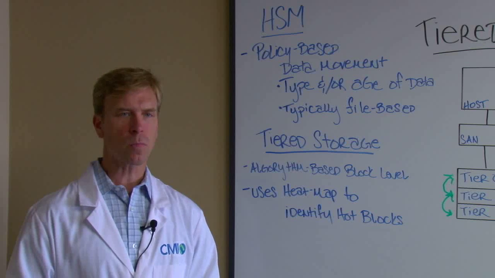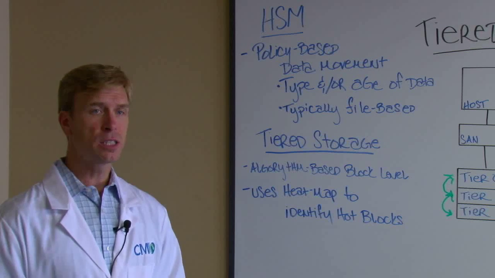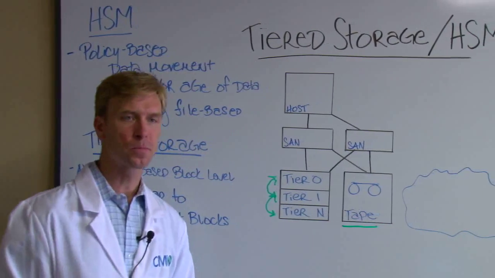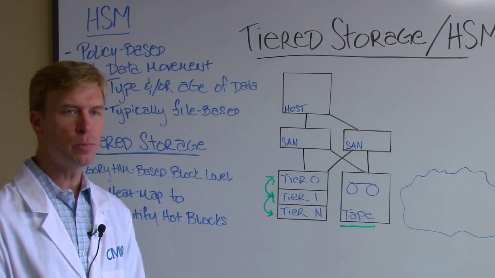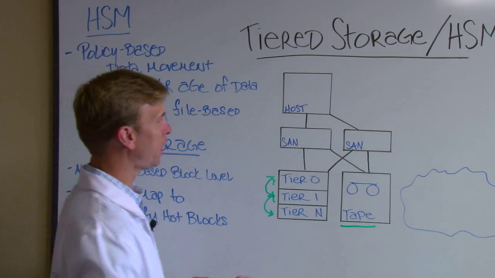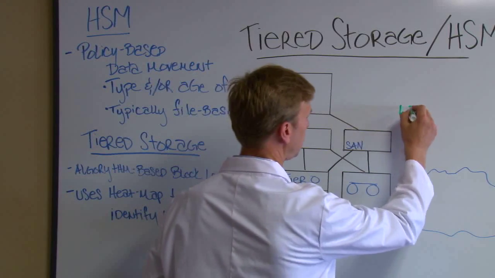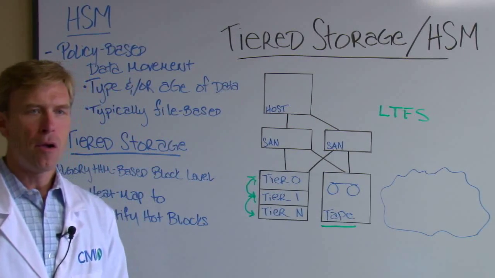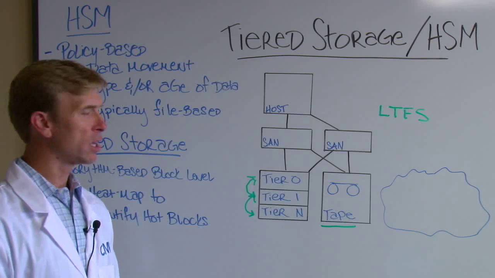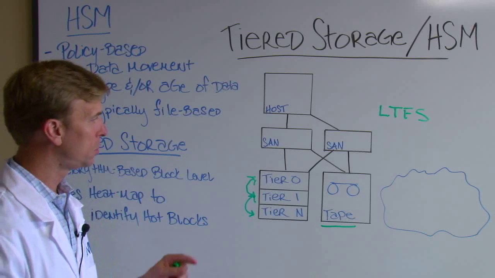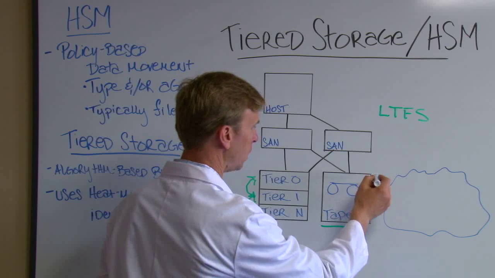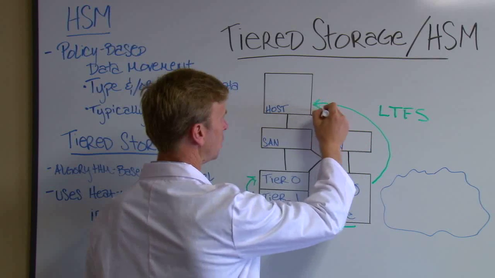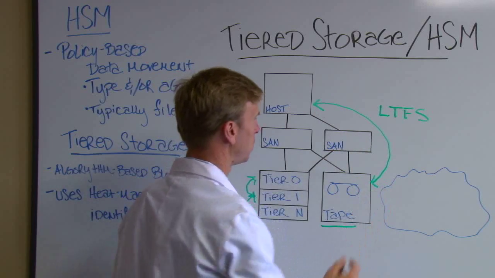With the advent of LTO6 tape drives, the IBM Linear Tape File System, something called LTFS, was introduced. LTFS allows the user to create a file system on the tape library and mount it directly on the host.